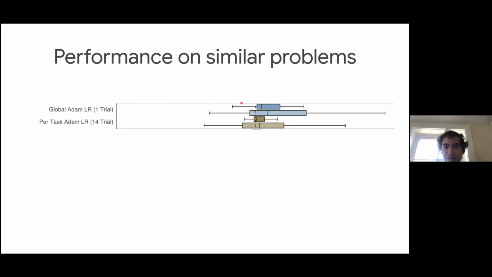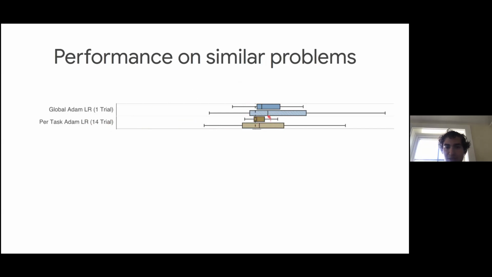Great. But in practice, people often don't do just a single trial. They'll do some tuning. So now we can compare to doing tuning on baselines. For each of these problems, we're tuning a learning rate. And now this is somewhat cheating for our baseline because this is using 14 trials, whereas we're just using one trial. So one optimizer doesn't need to be tuned. We see that the gap between our learned optimizer and the baseline starts to shrink, as denoted by these bars moving to the left.